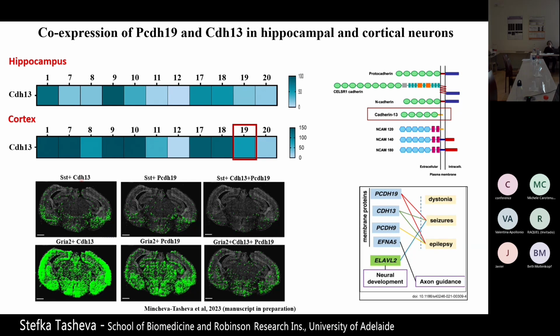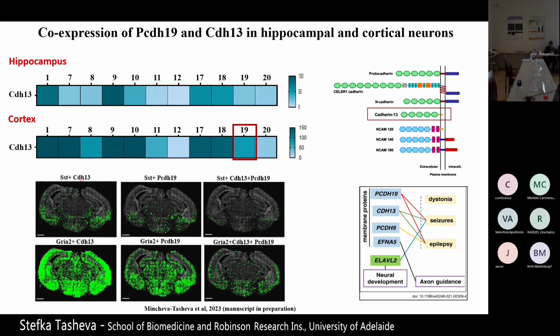And particularly, we found that in cortex, there is a moderate number of cells that co-express PCDH19 and cadherin 13. And again, when we applied this to see which cell types are actually expressing cadherin 13 plus PCDH19, we found again that they are mainly glutamatergic neurons.